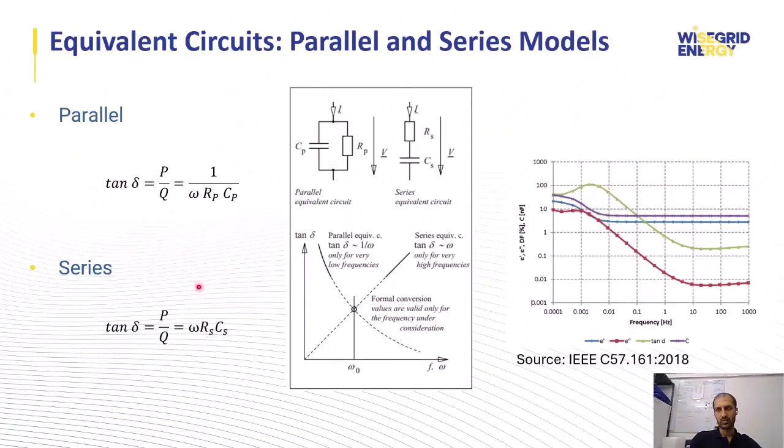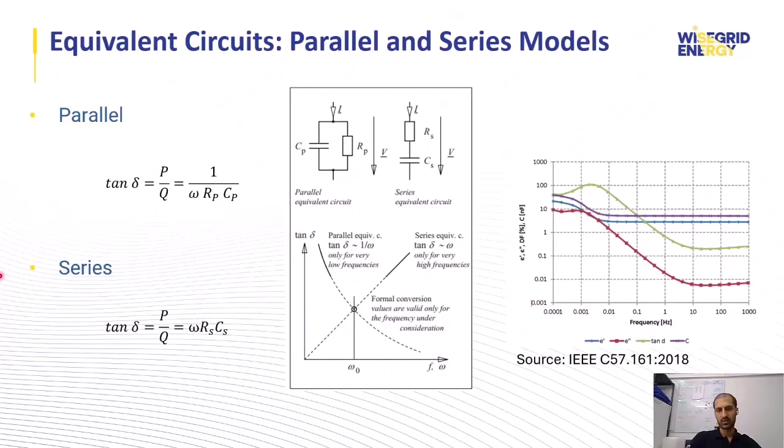These formulas and these series and parallel models, we cannot use them for a wide frequency range. These are just for a single frequency test, where we want to model tan delta at a single frequency.